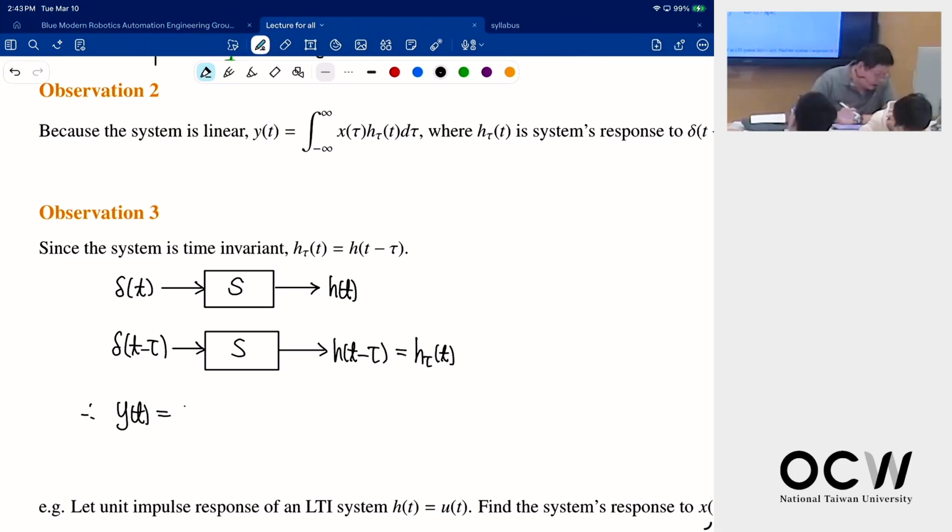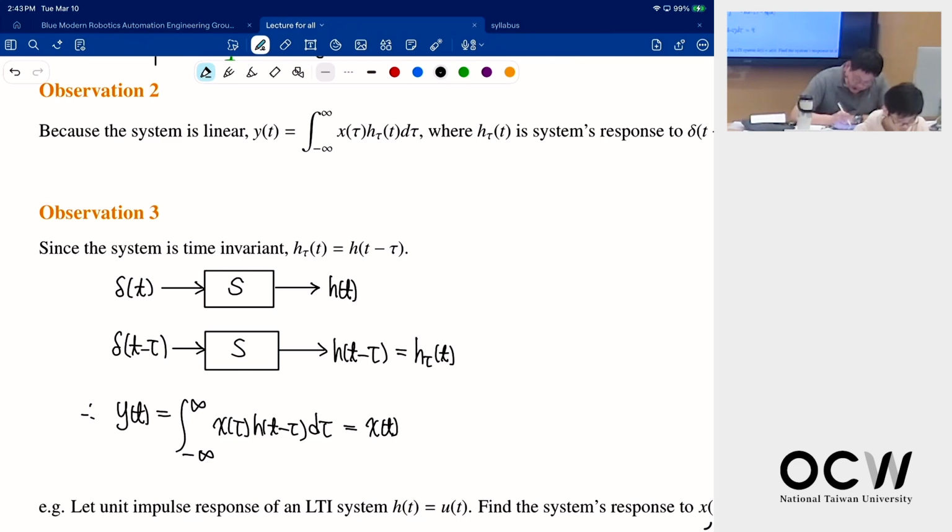So the output is the integral of x tau h t minus tau d tau, and is x convolve your system response.